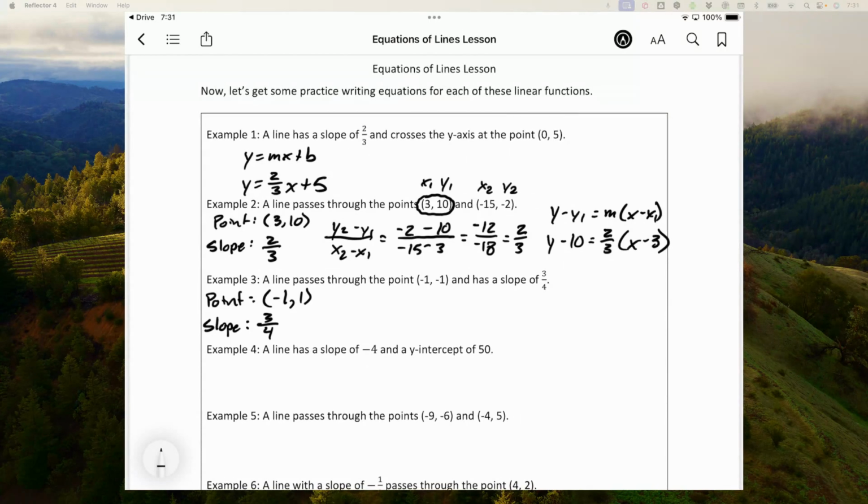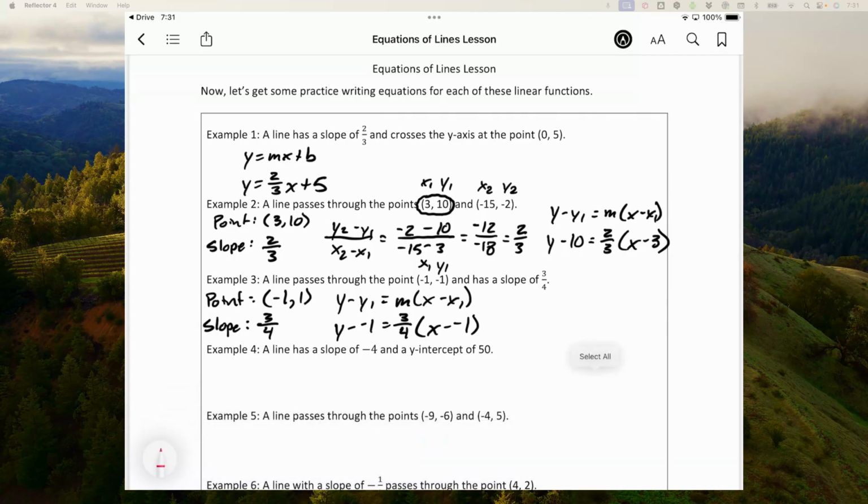So we can go straight to point-slope form. y minus y1 equals m times x minus x1. As always, super important to label x1, y1. There isn't a second point, so there is no x2, y2. So we've got y minus y1 is negative 1 equals the slope, which is 3/4, times x minus x1, which is negative 1.